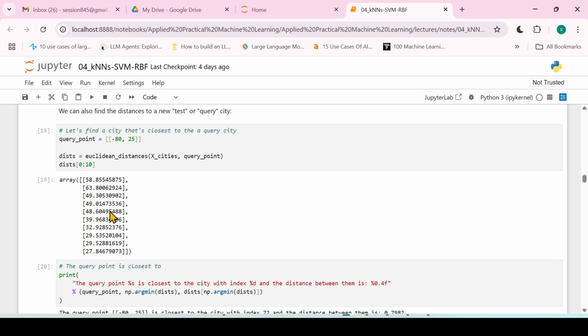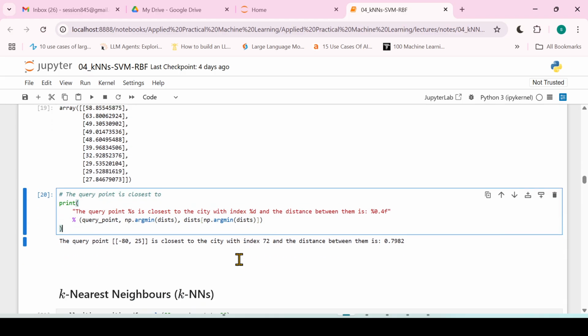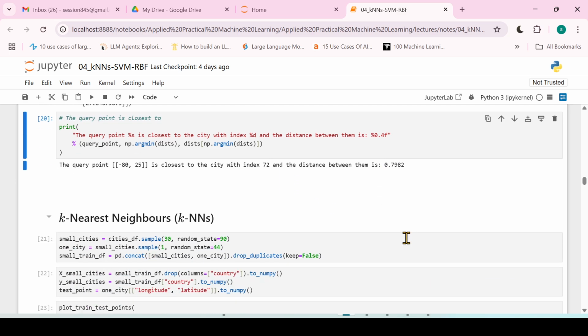Here we can see the first 10 examples of that, but we want to know which city is the closest one. So we can simply find the argmin, and this argmin will give you the index, which we can then extract. Here we can see that the closest city to this query point has index 71, and the distance value is 0.79.